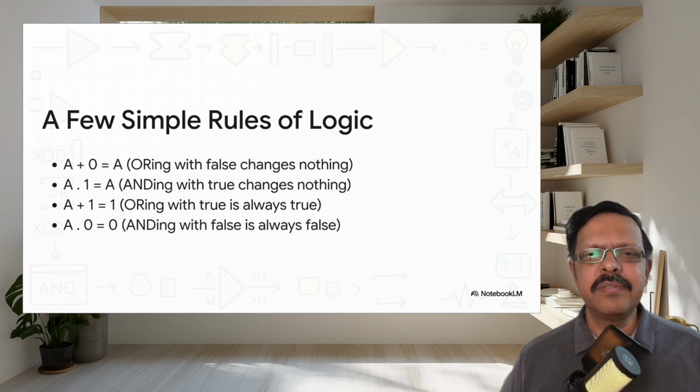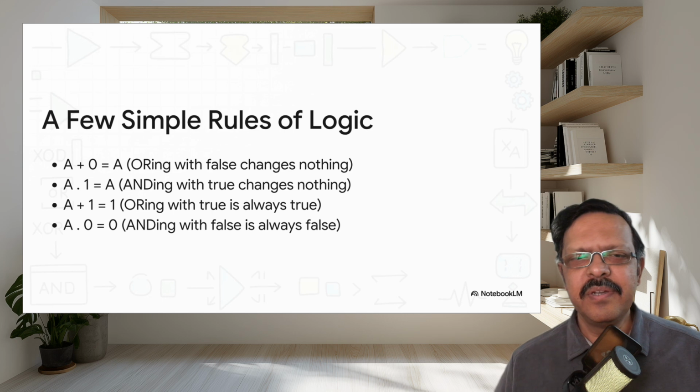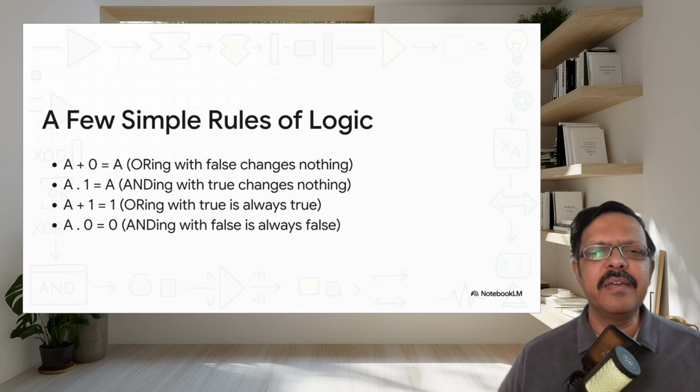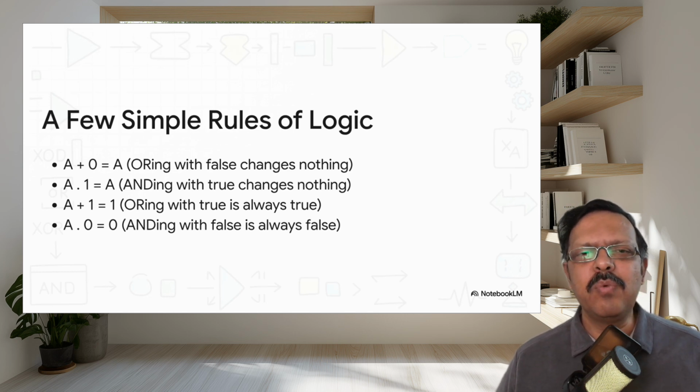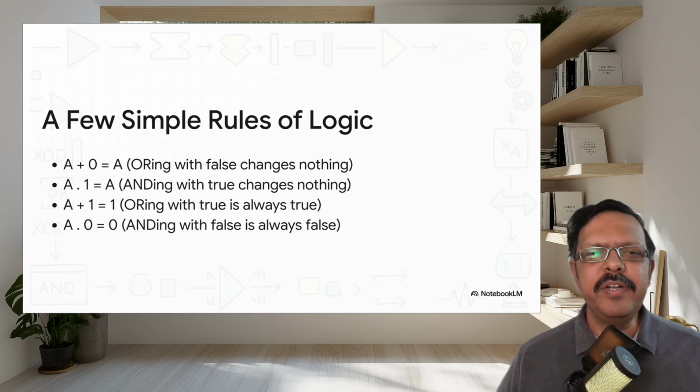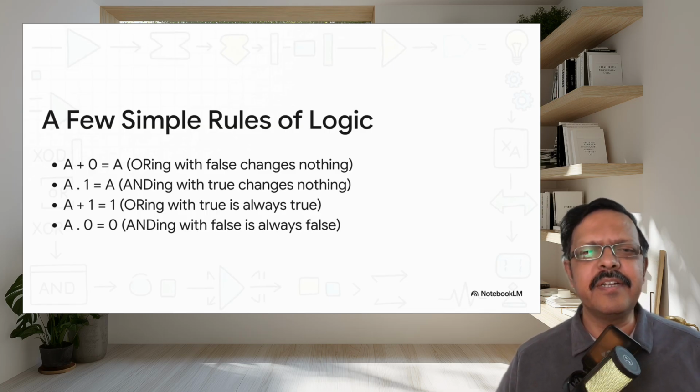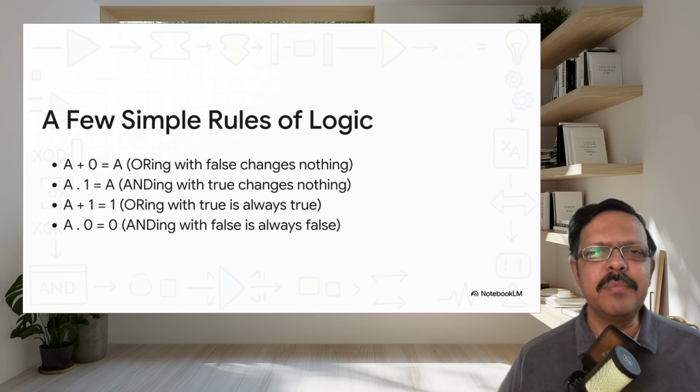So Boolean laws, basically commutative, associative, distributive, look very familiar from regular algebra, but they behave differently because the values are truth values, not numbers. So something like a truth table where you have 1 plus 1 equals 1, 1 into 0 is always 0, 0 into 1 is always 0 again, things like that. These aren't just academic curiosities.